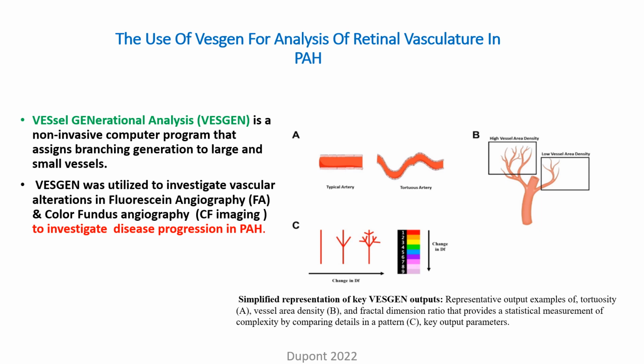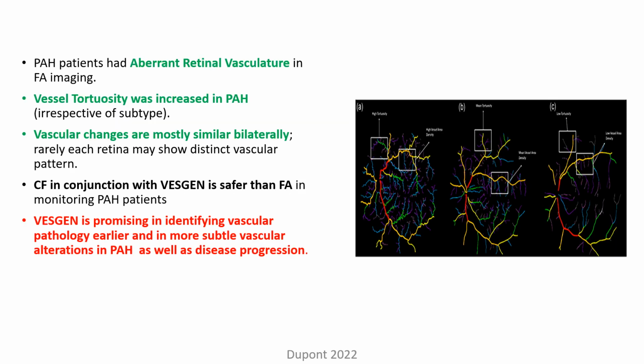As we see, she studied vessel tortuosity, vessel area density, and fractional dimension ratio. These all helped her to conclude that PH patients had aberrant retinal vasculature in fluorescein angiography imaging, that vessel tortuosity was increased in PH irrespective of the subtype of the PH. Vascular changes are mostly similar bilaterally. Rarely each retina may show a distinct vascular pattern.